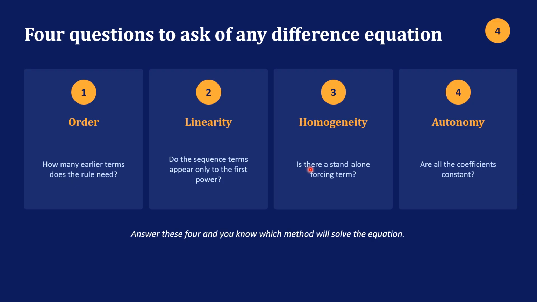Homogeneous. Is there a standalone forcing term? We'll have to see some examples to understand what this one means. Then autonomy, are all the coefficients constant? So we'll continue with some examples of these just to reinforce the definitions.